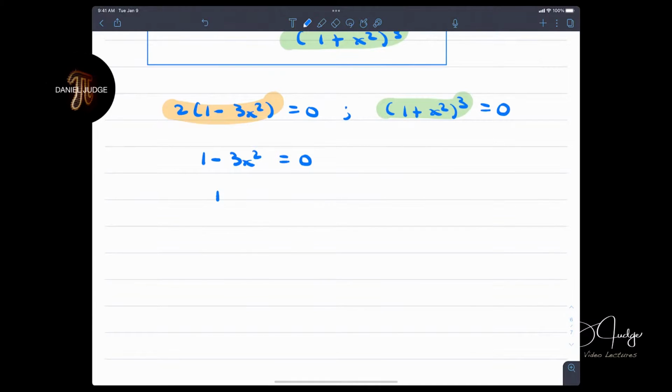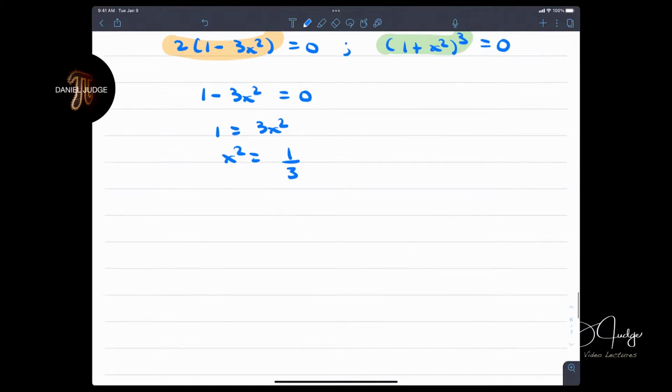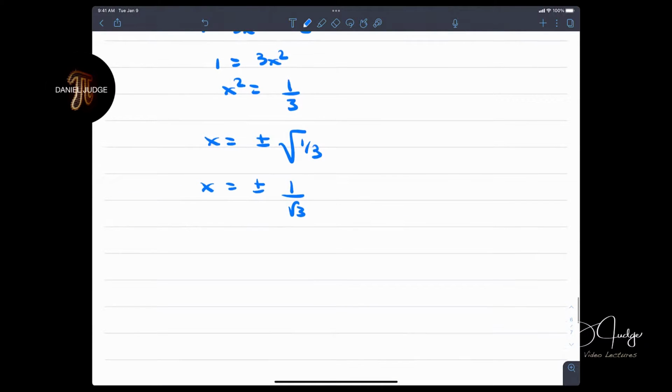Let's solve for x. So 1 is 3x squared. x squared is 1/3. x is plus or minus square root of 1/3. We get to simplify that radical. That's 1 over the square root of 3.